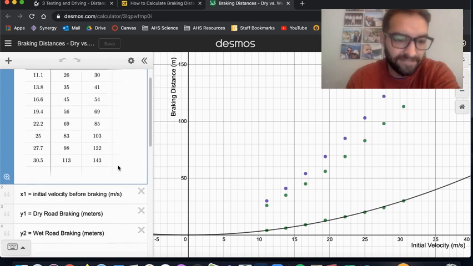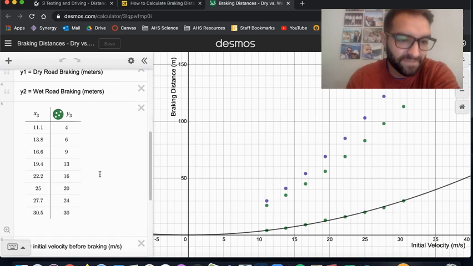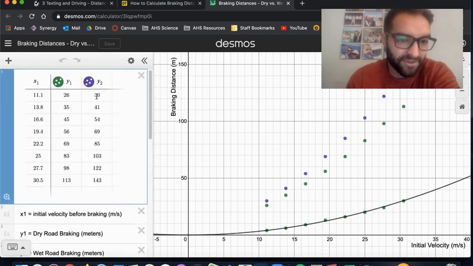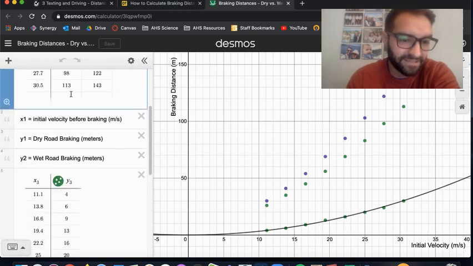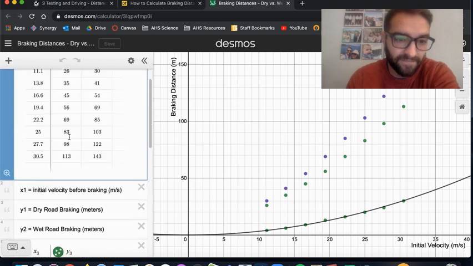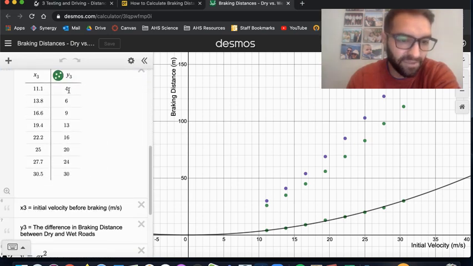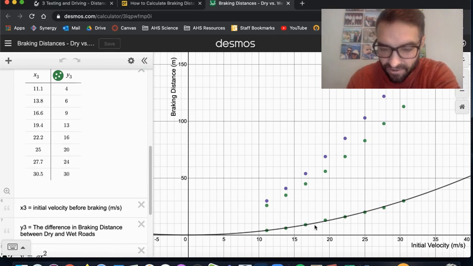So what I did, I took the differences. I did 30 minus 26, and that gave me a difference of 4 between a wet and a dry road. Then I did the same for all of these data points, and I plugged them in here. So this is going to be our Y3, which are these numbers down here.